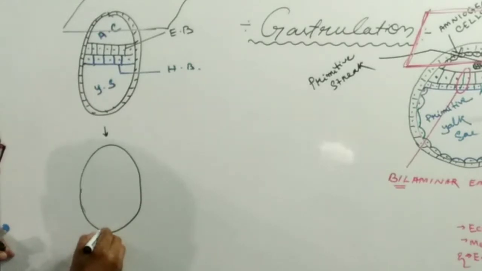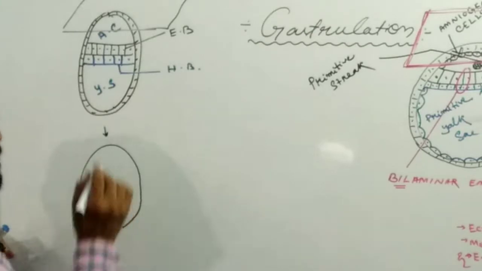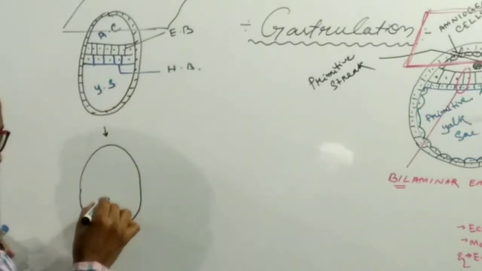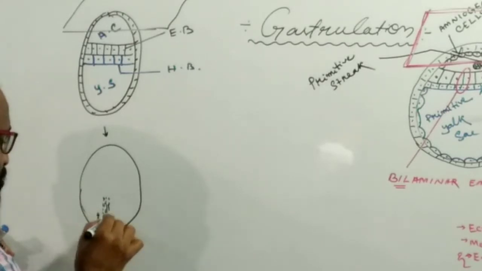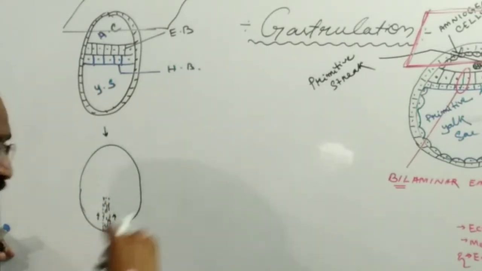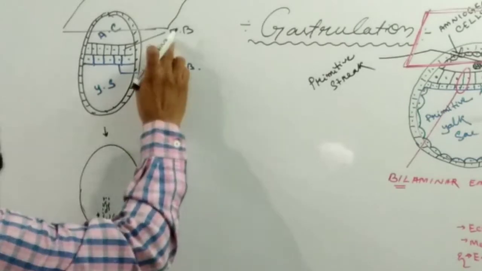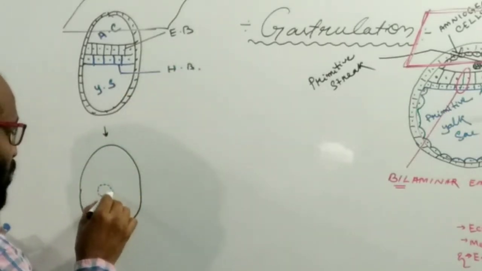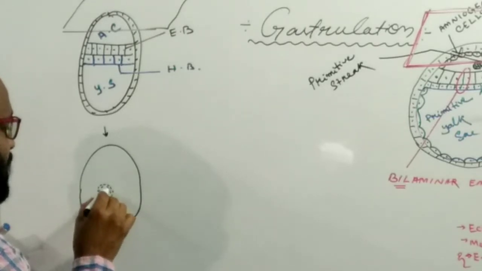The thickening of the surface of epiblast cells occurs, meaning the formation of a ridge-like structure on the surface of the epiblast disc, which extends up to the middle of the disc.